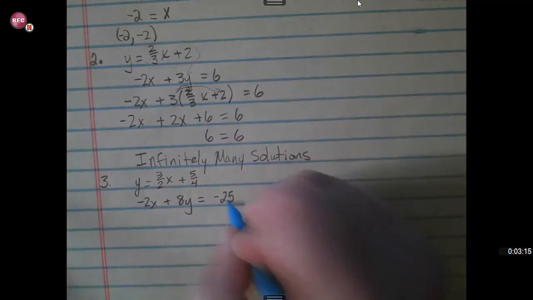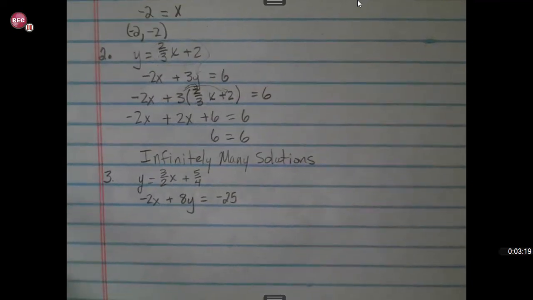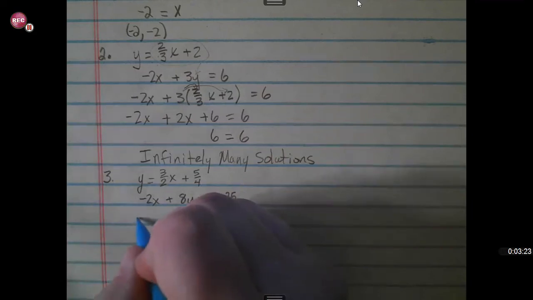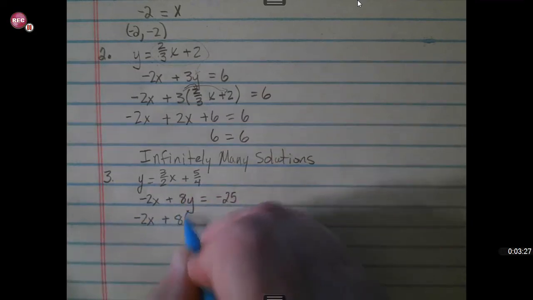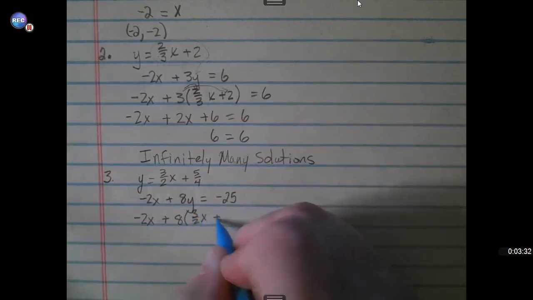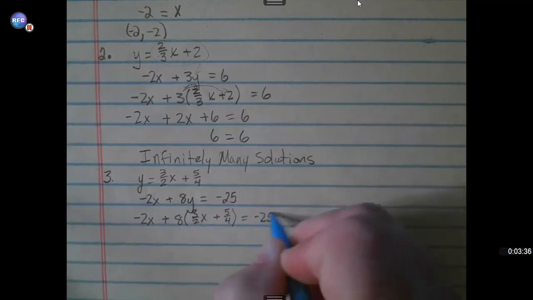And again, when I plug that equation for y into the bottom equation, it's going to take care of the fractions for me. So it's set up for substitution. Negative 2x plus 8 times the quantity 3/2 x plus 5/4 equals negative 25.